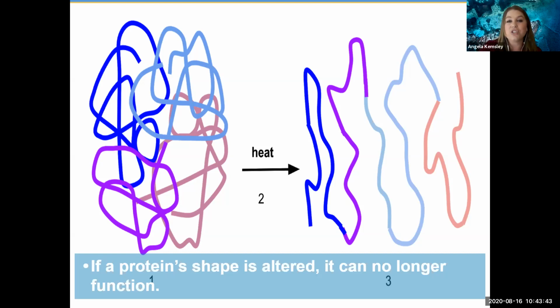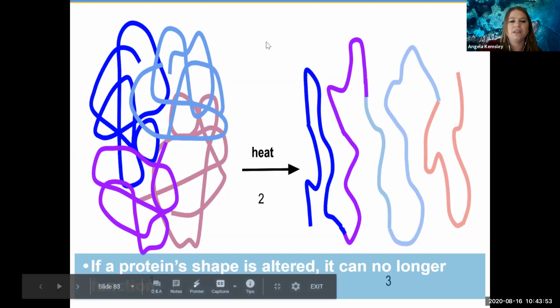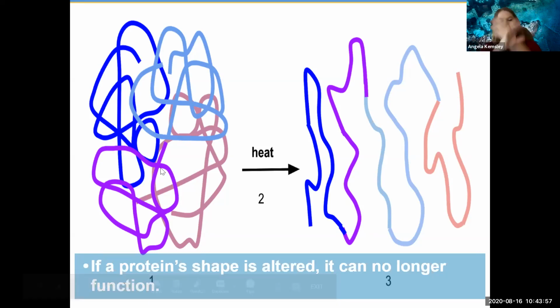One of the ways of changing the shape of a protein is by heating it. Think about how we have to heat meat before we eat it. This is one of the reasons. And you'll notice on the left, the proteins are just all over the place. So here's a drawing of what the protein is supposed to look like. When you heat it up, you change its shape. So you actually can break some of those bonds.